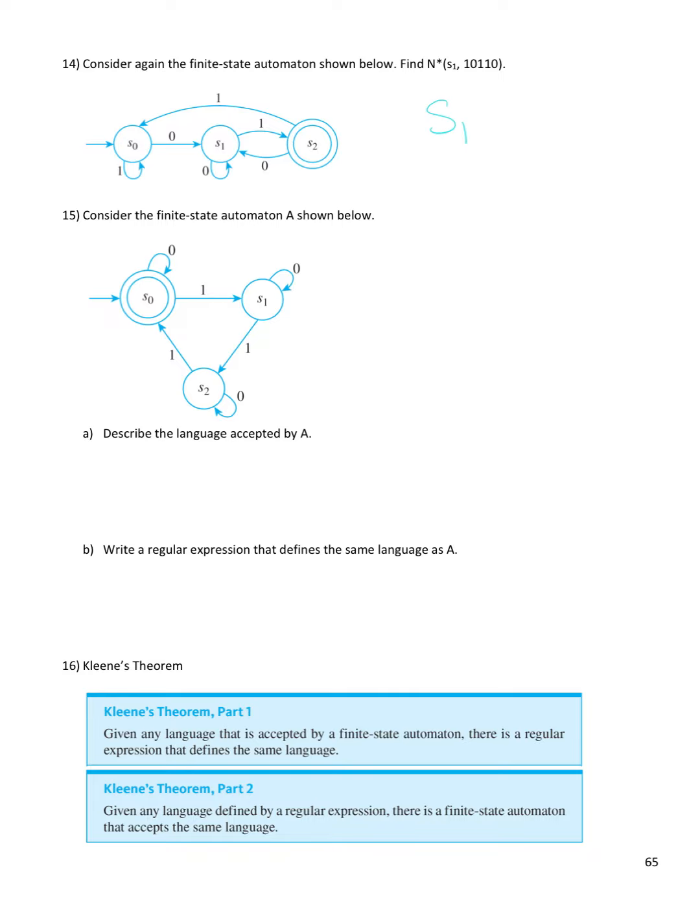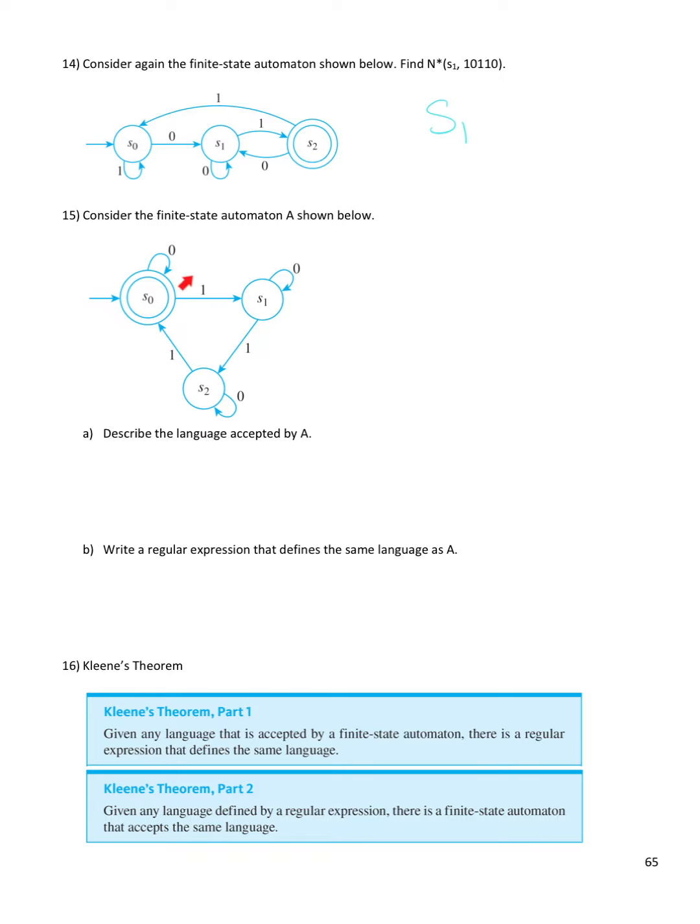Okay, for this next one, we're going to consider a finite state automaton A shown below, and I want to describe the language accepted by A. So what lands at S0? S0 is the acceptance state. A language is a set of strings over an alphabet.